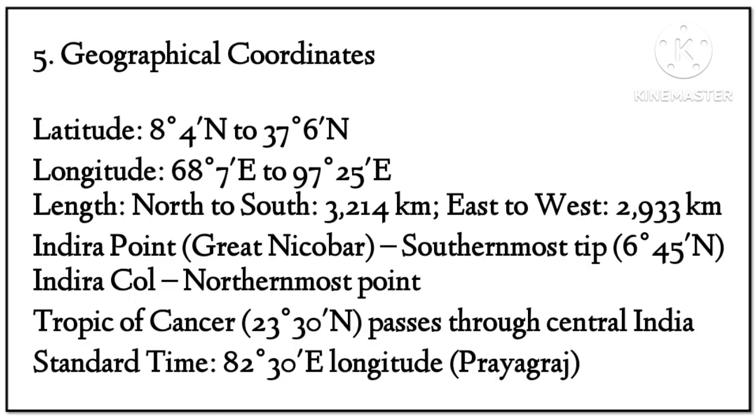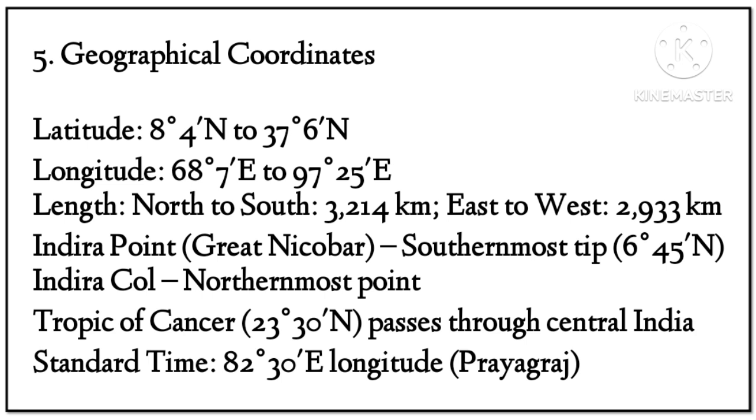Geographical coordinates. Latitude 8 degrees 4 minutes north to 37 degrees 6 minutes north. Longitude 68 degrees 7 minutes east to 97 degrees 25 minutes east. Length north to south 3214 kilometers. East to west 2933 kilometers.